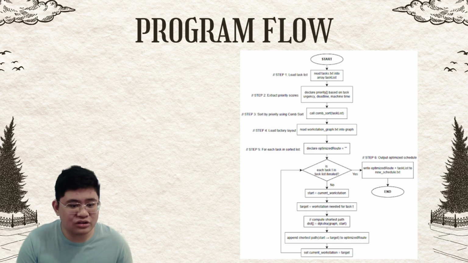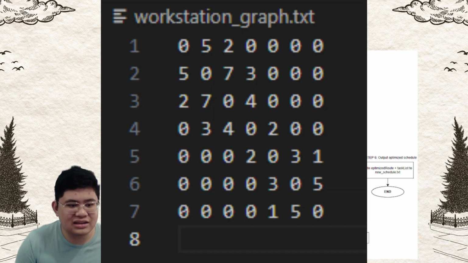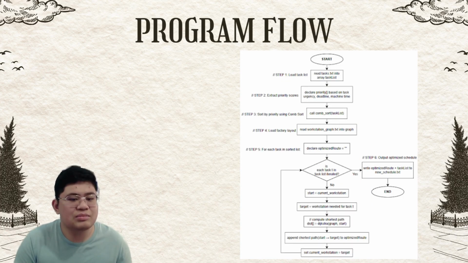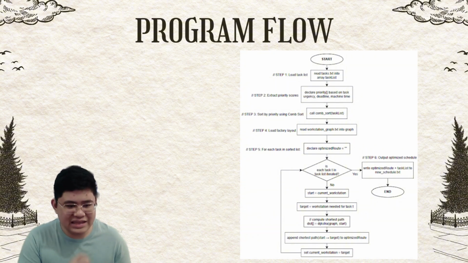Next, the program loads the factory layout from a file named workstationgraph.txt. This file contains the adjacency matrix representing distances between workstations. Each row and each column corresponds to a workstation, and the matrix entries indicate the travel distance between them. A 0 indicates that there's no direct path between 2 workstations.